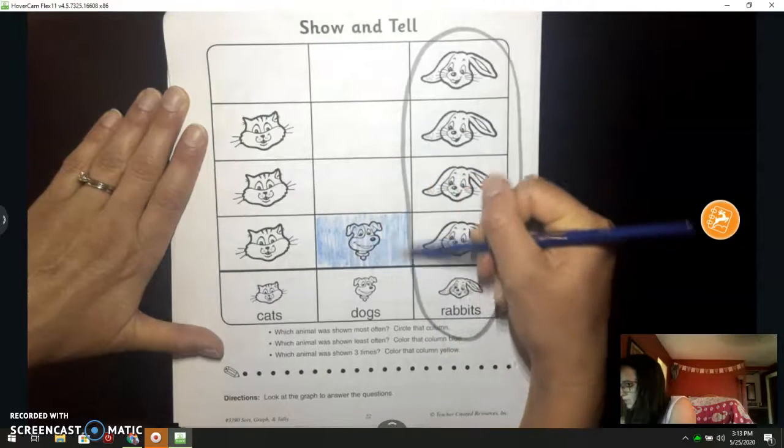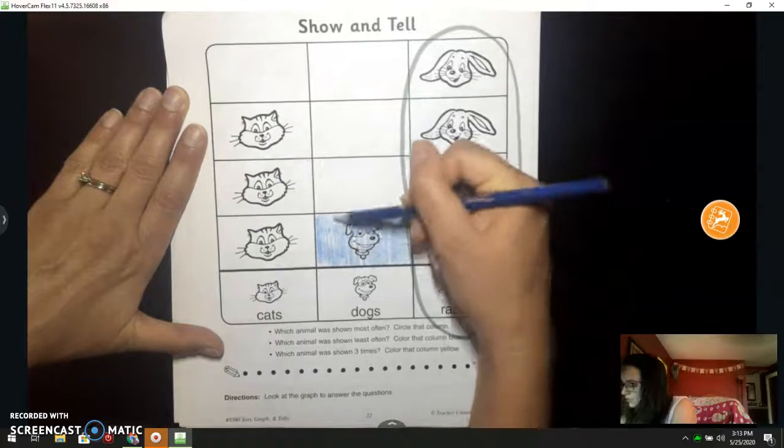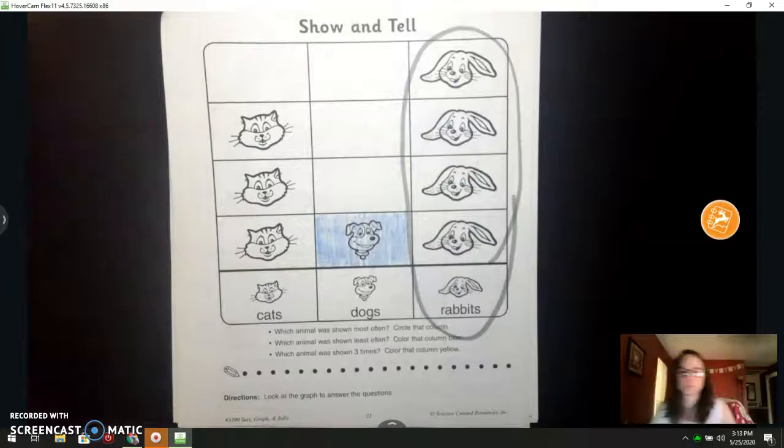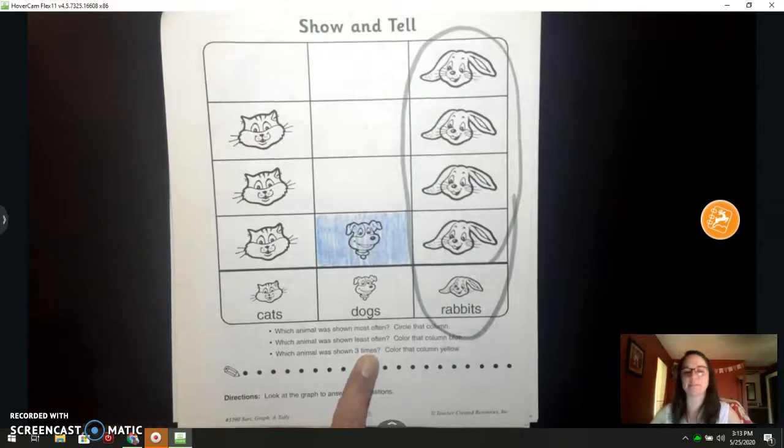So that one had the least number of votes. Least means smallest.